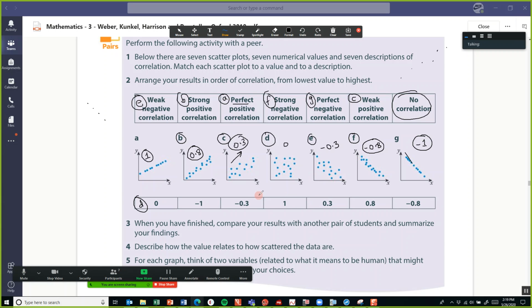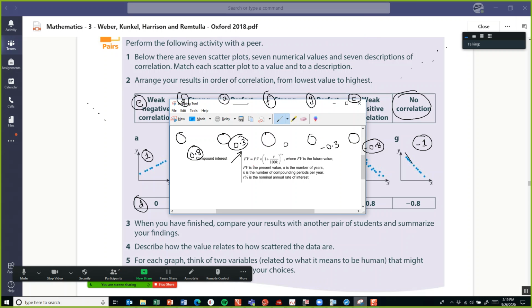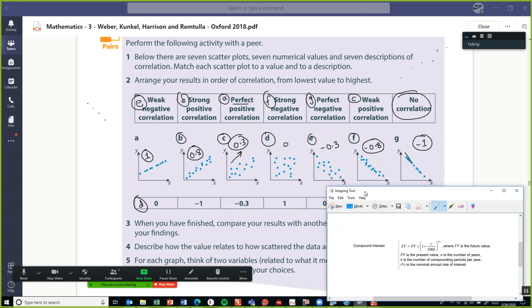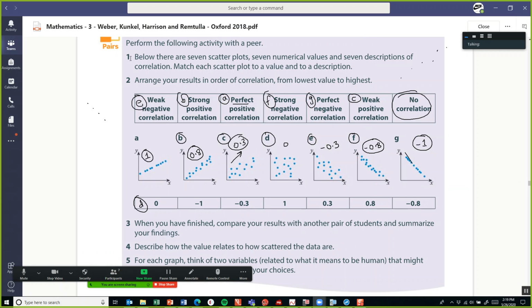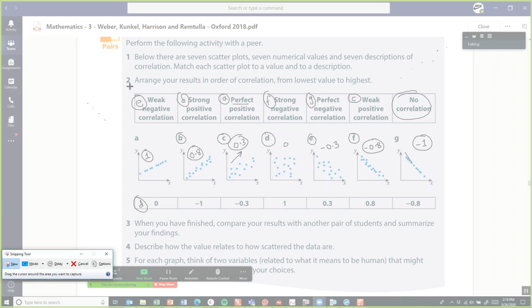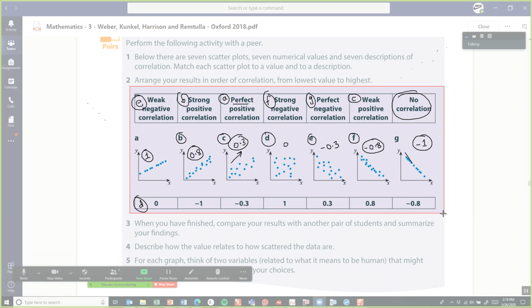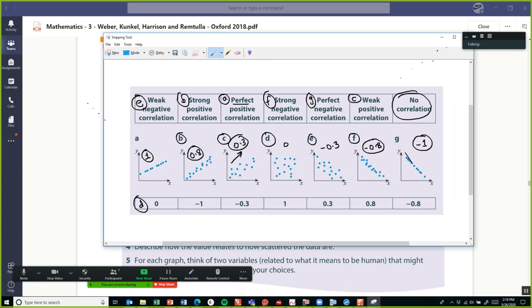Okay, let me just copy that. And I want to get rid of that. So we'll kind of formalize this in a little note.